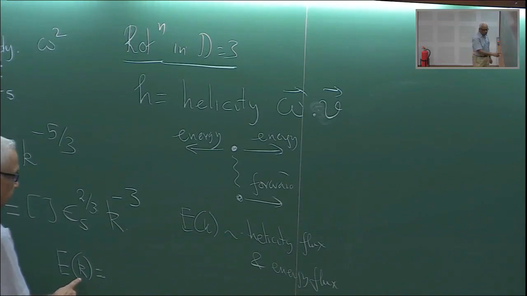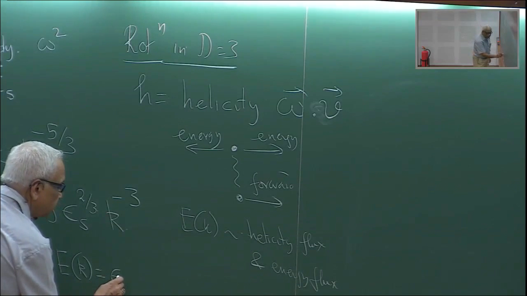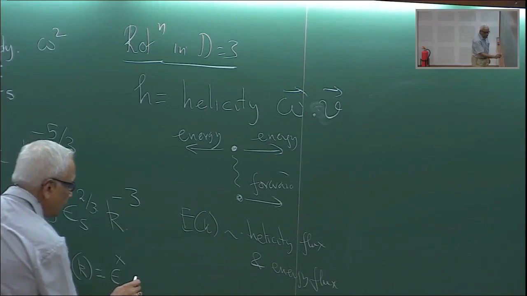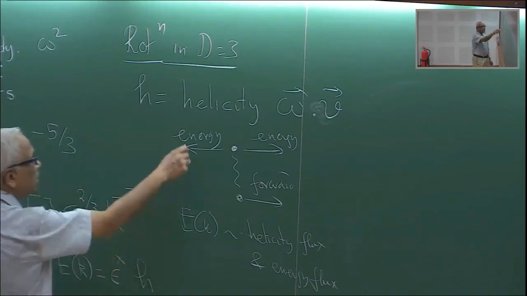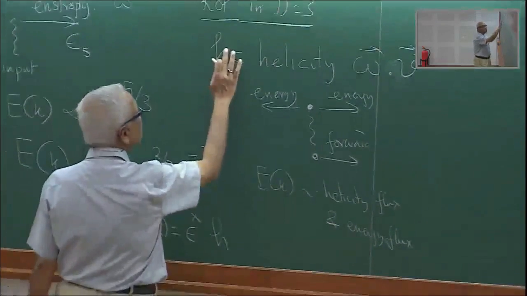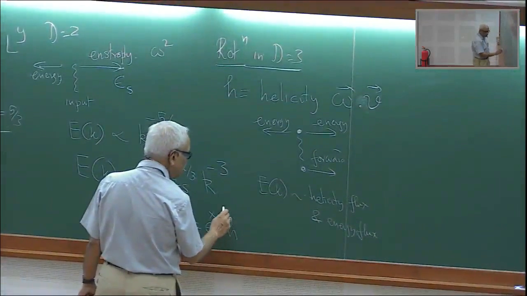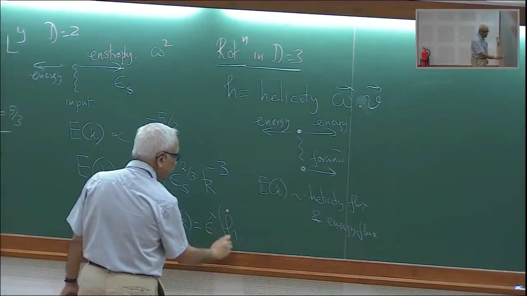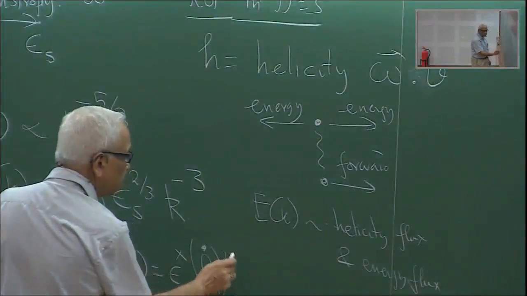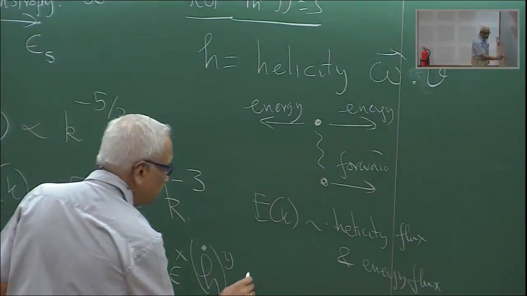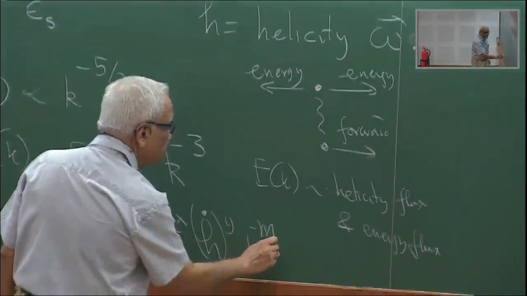yesterday, that E of k is going to be epsilon to some power x, and the helicity rate, let me call it dh dot, the rate of helicity transferred, to the power y, and k to the power, let's say, minus m.